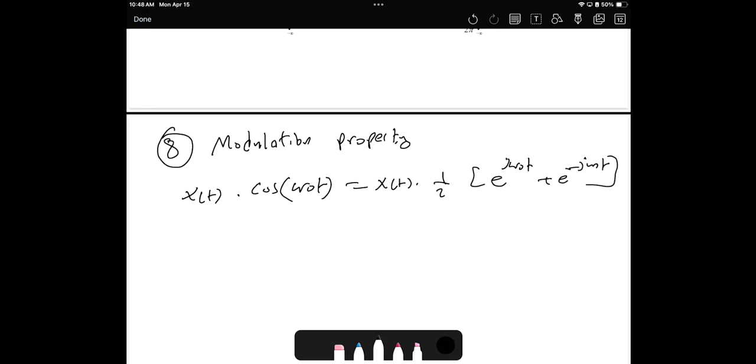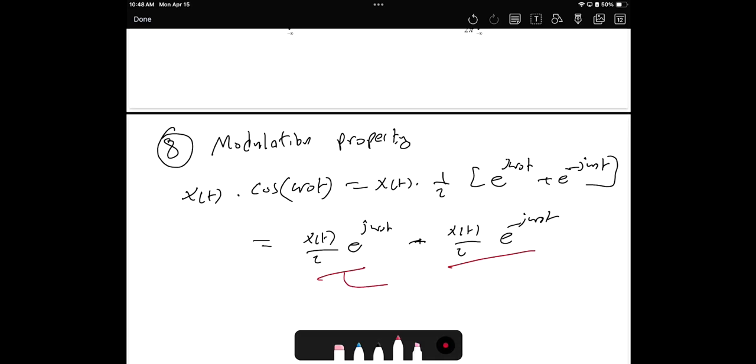So when we have sine or cosine, we can convert this into what? The Euler formula. So why I need to do this? So I don't want to make Fourier transform complicated. So basically, it can be as x of t divided by 2 e power j omega naught t plus x of t divided by 2 e power negative j omega naught t. And this is similar to frequency shift property.